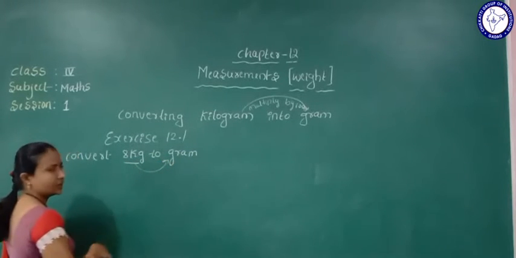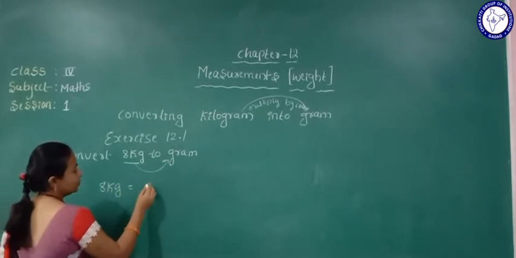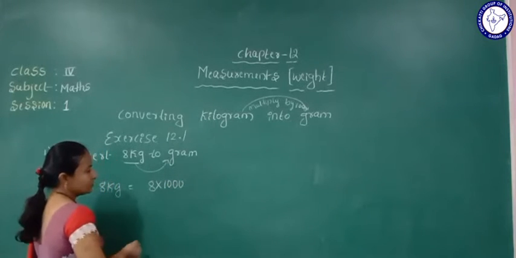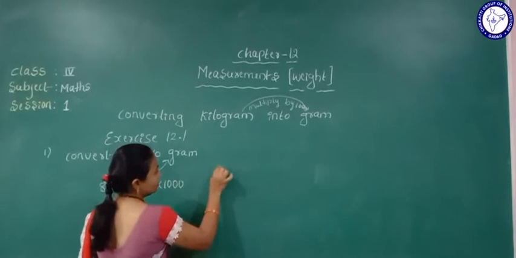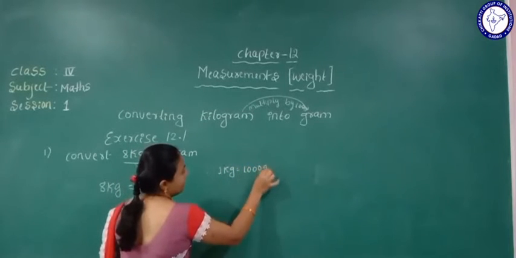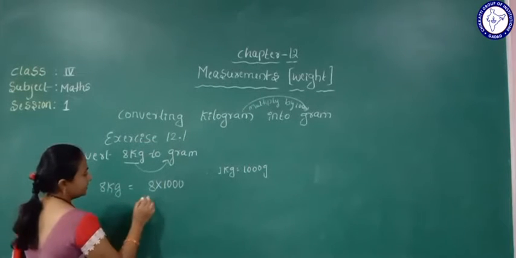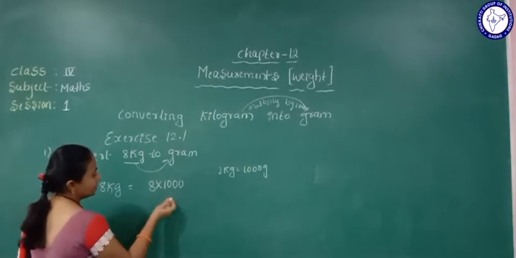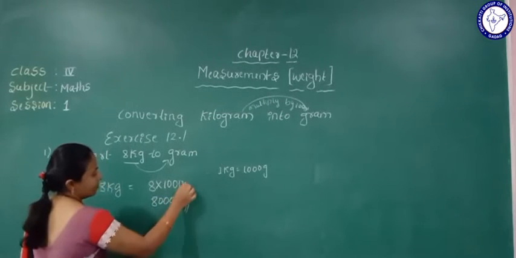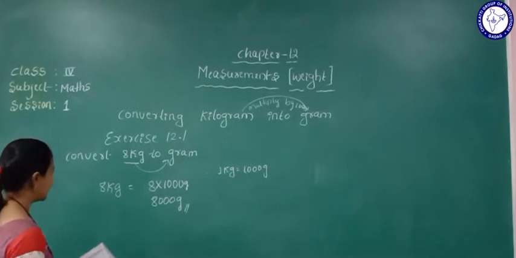We will convert into gram. 8 kg is equal to 8 into 1000, because 1 kg is equal to 1000 gram. So the answer is 8000 gram. Understood? Okay.